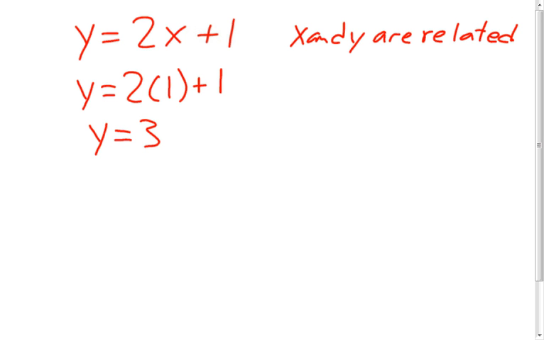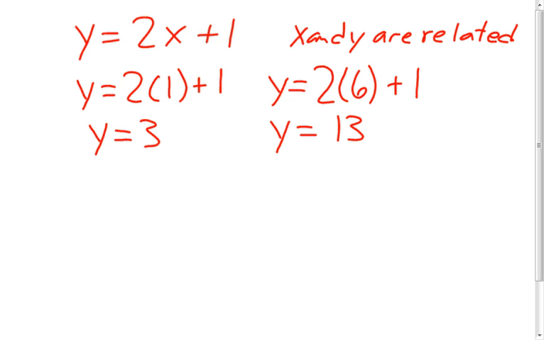If I plug in a different number for x, like x equals 6, if I plug in a 6 for x, I get y equals 13. They are related. If I change x, y will also change. Okay? That is the basic idea for this entire chapter.